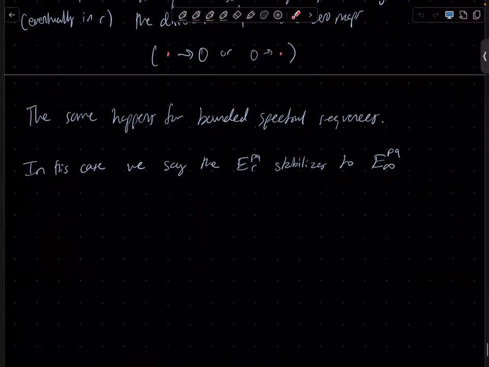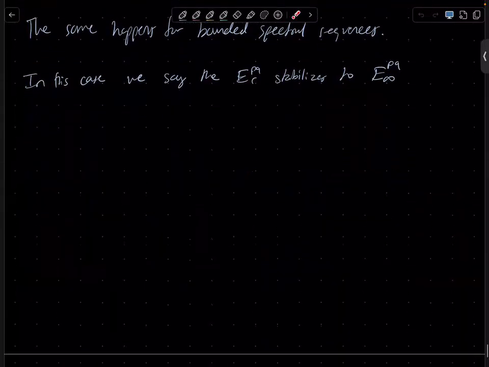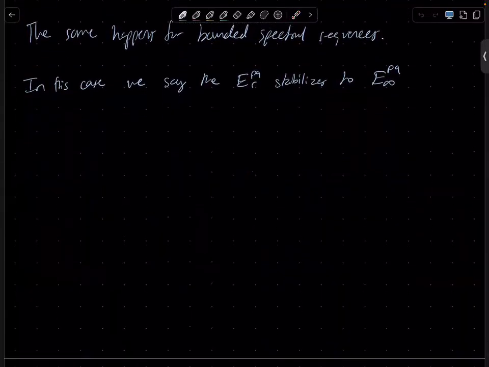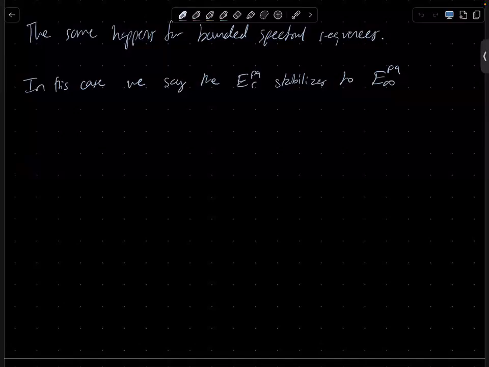Okay, so now back to where we are. Now the most important concept, which is convergence of a spectral sequence. I'll just give the most basic definition here, for bounded spectral sequences. A bounded, okay, hold on, I should write this up here.